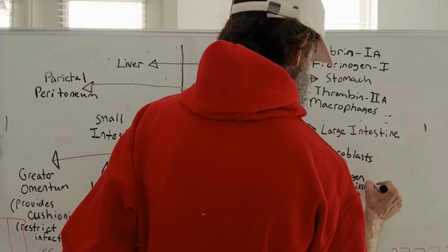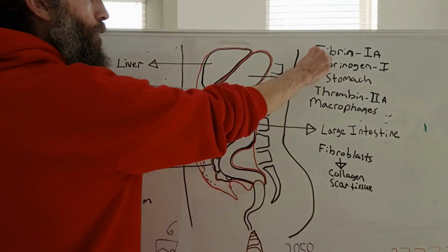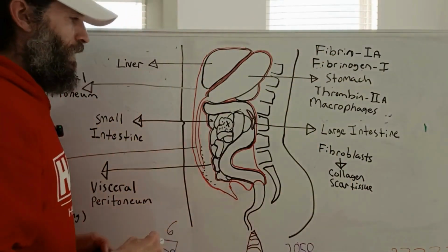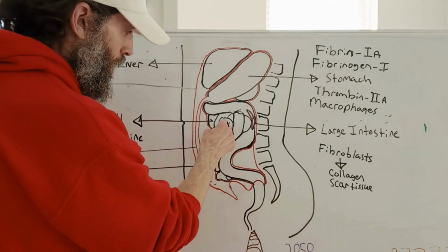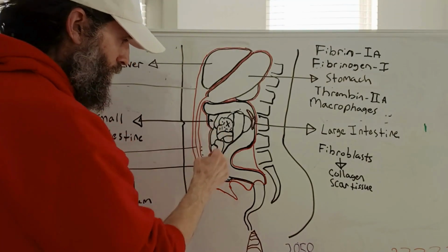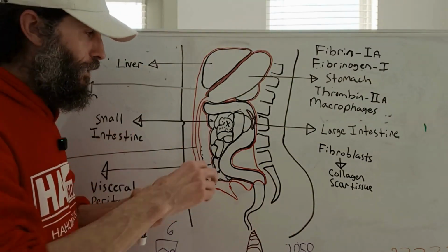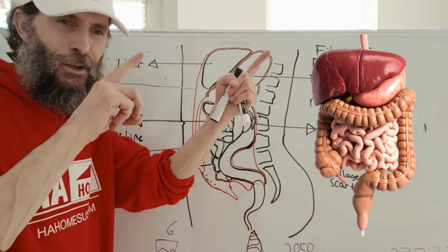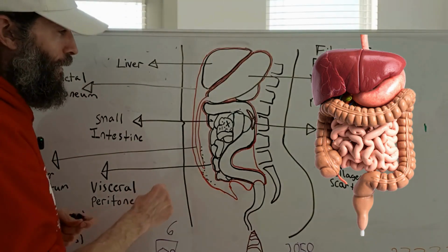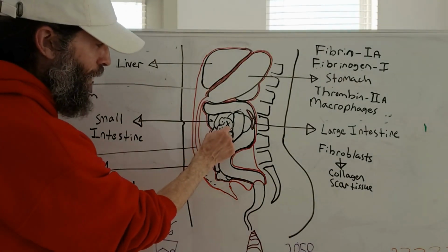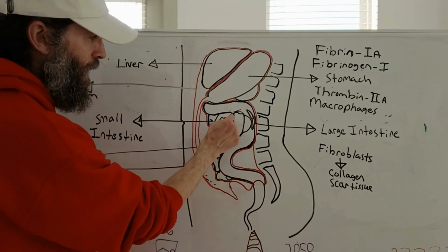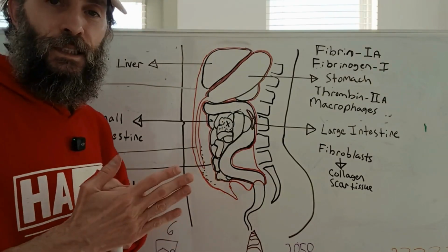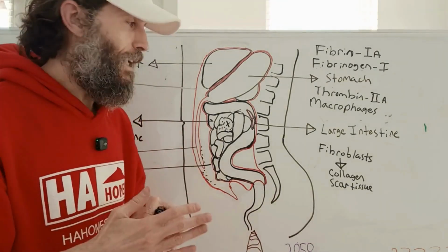So what's the danger in all this? Well, the fibrin is sticky. Remember, it forms like a mesh. The small intestines are all coiled around one another. I'll put a better image of it up here. What could happen is that fibrin could cause parts of the intestine that should not be connected to become connected together.